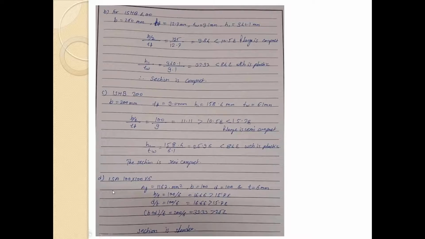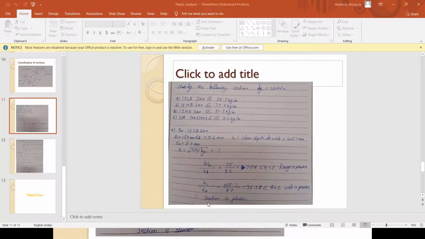And for this ISA 100 by 6, an angle, is given. B is 100, D is 100, and T is 6. So B by T ratio is 100 by 6 and D by T is 100 by 6, which is 16.66, and 16.66 is greater than 15.7.